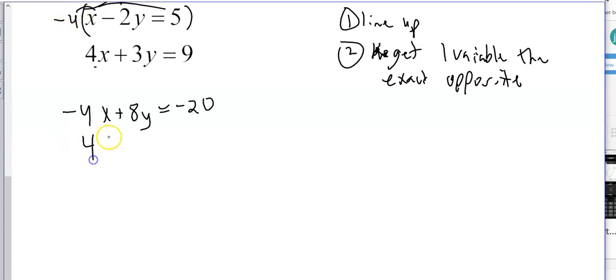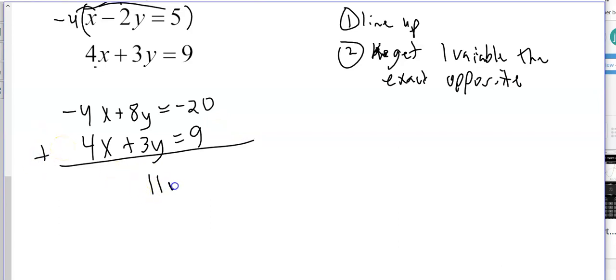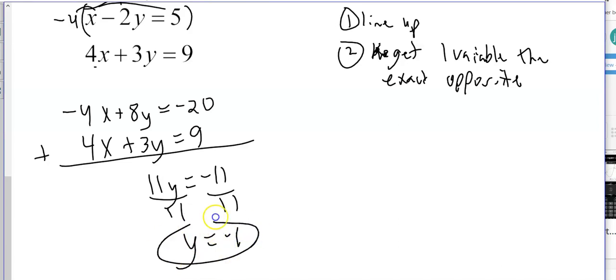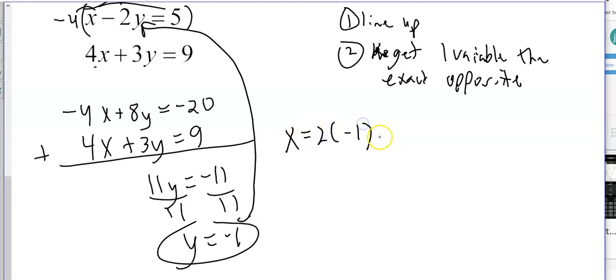The bottom equation stays the same: 4x plus 3y equals 9. You're going to add, because they're exact opposites, so the x's go away. You get 11y equals negative 11. Divide by 11. This looks a lot like the other one. y equals negative 1. You're going to plug that back into one of the equations. I might do this one just because it looks like a little bit less work. So x equals 2 times negative 1.